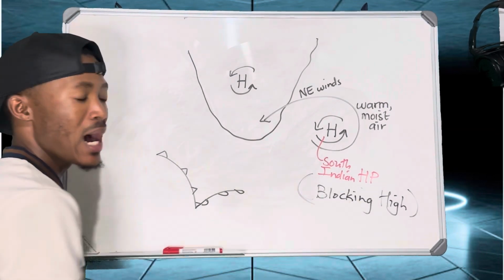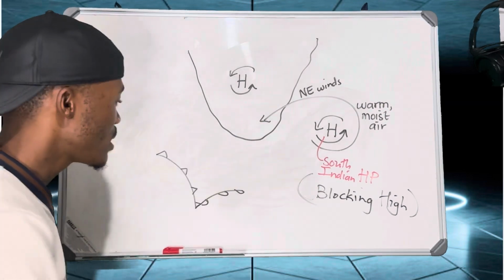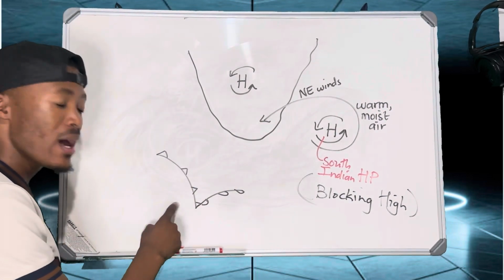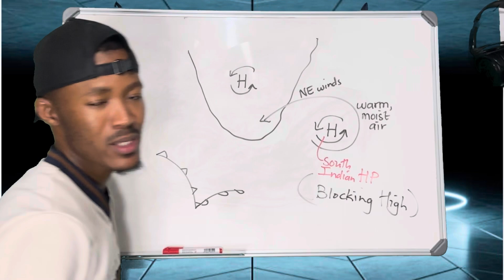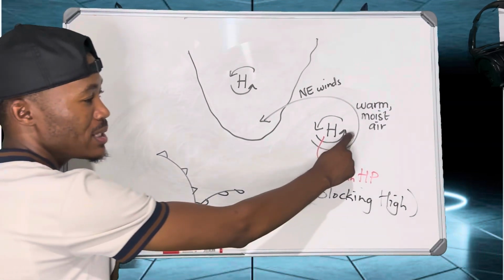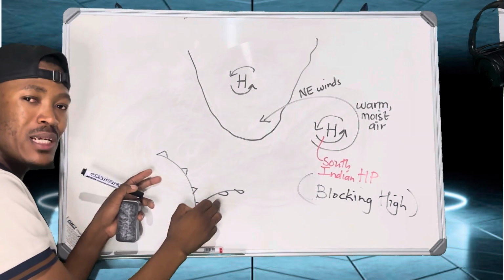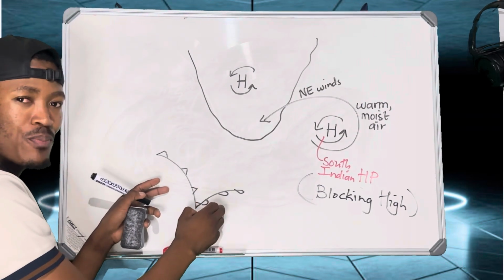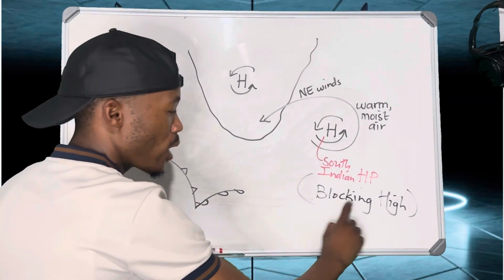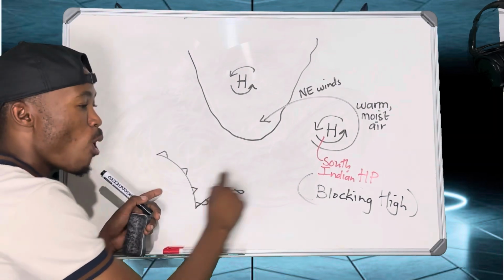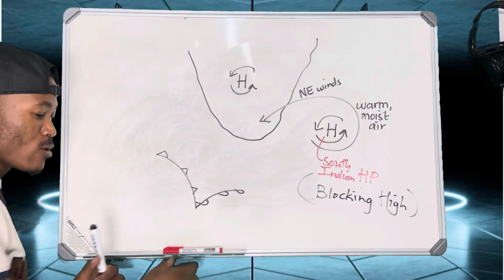It is a blocking high whenever it is found in the path of the approaching mid-latitude cyclone. When it is directly in front of an approaching mid-latitude cyclone, it is going to block the natural path of the mid-latitude cyclone.